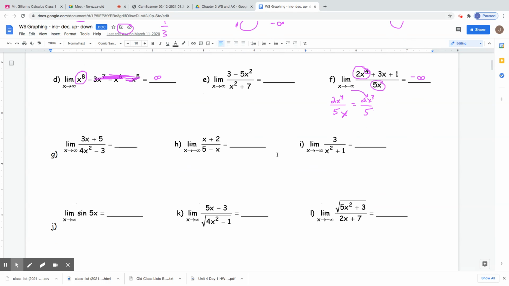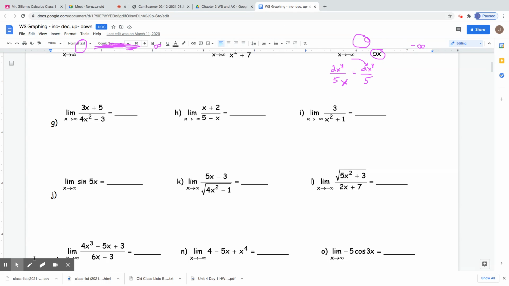Other ones I want to go over were J and O. These are trig ones. We didn't talk about any trig yesterday, but these are actually very easy. If you think about what the graph of sine looks like, sine starts here and just keeps following this pattern, and this goes on forever.